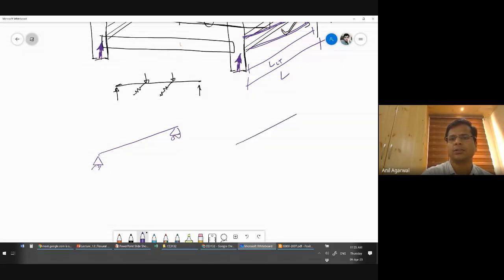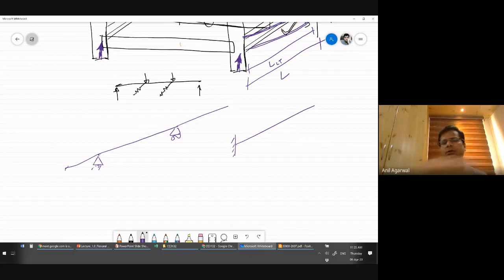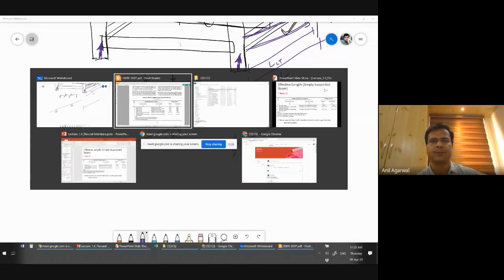The other classification is the beams that are fixed at one end, so that is cantilever. Even the beams that are continuous over a simple support are not truly simply supported beams, but they come under the simply supported classification as far as this discussion is concerned. Okay.